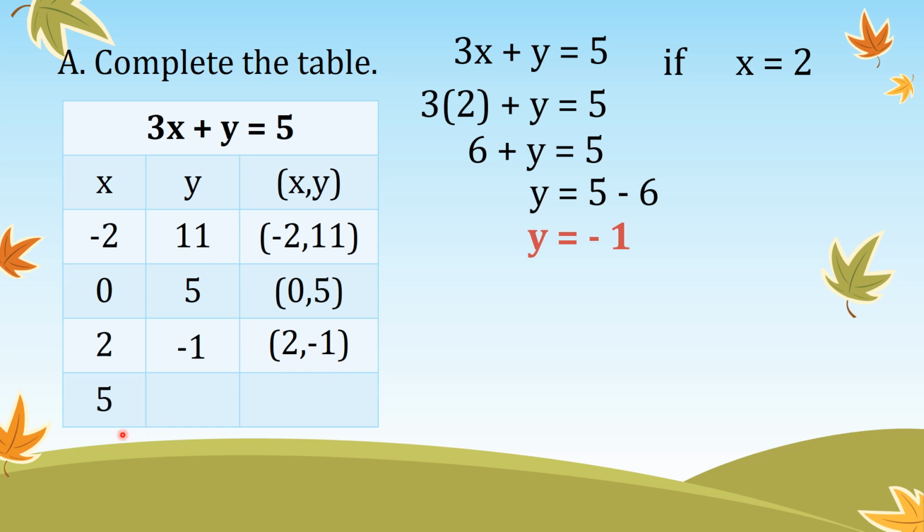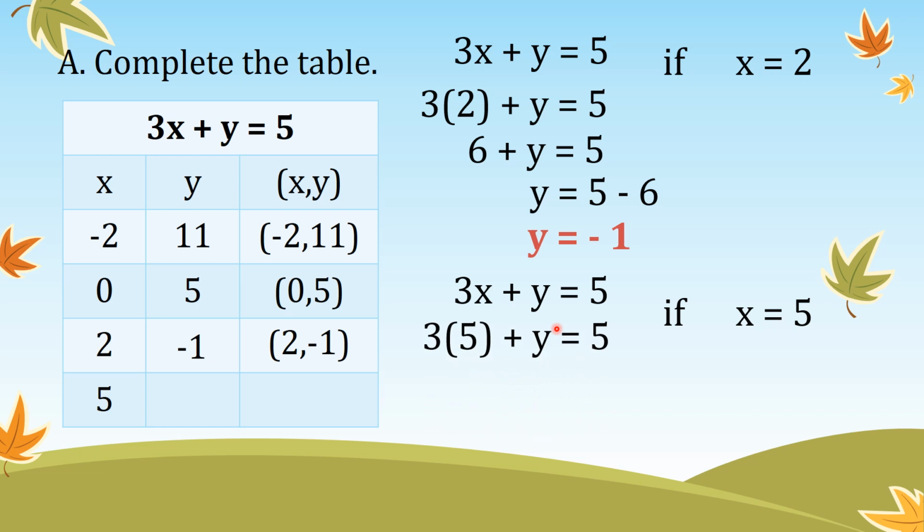Now what if the x is 5? So let us solve 3x plus y equals 5 if x equals 5. By substitution, we substitute 5 to x, so we have 3 times 5 plus y equals 5. Simplifying, 3 times 5 is 15, then plus y equals 5.